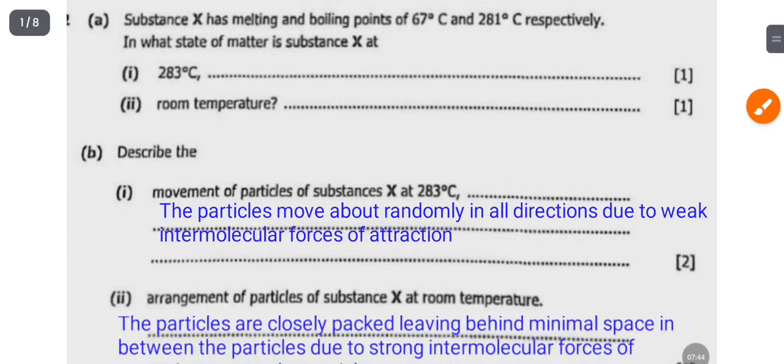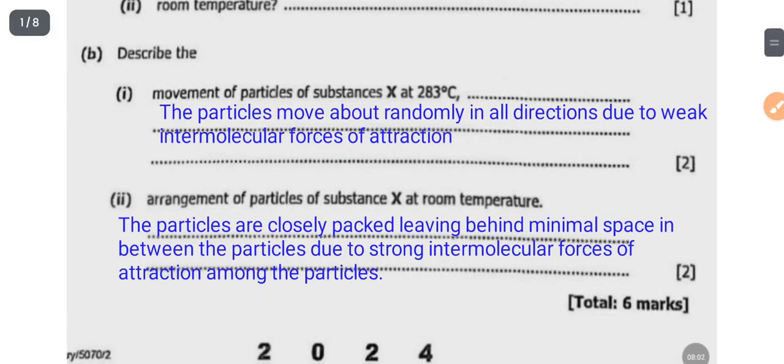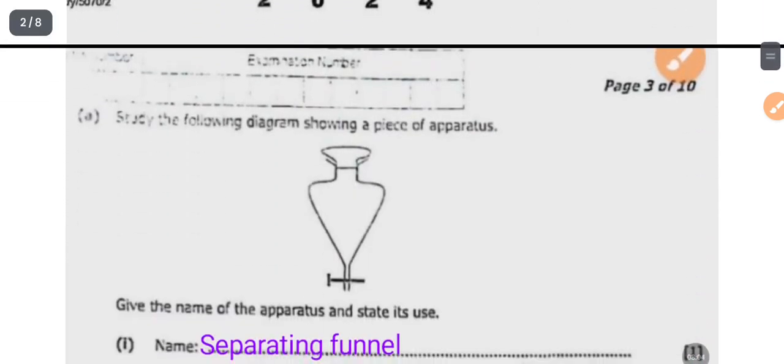So in presenting my answer, I wrote, the particles are closely packed, leaving behind minimal space in between the particles due to strong intermolecular forces of attraction among the particles.